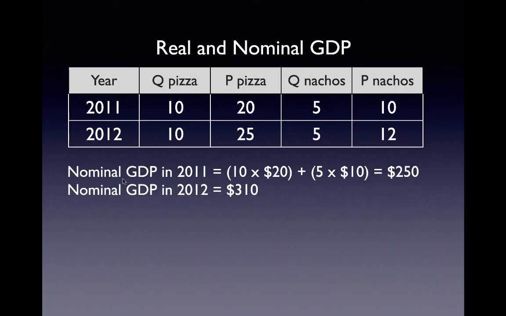Nominal GDP, nominal just means the current dollar amount of GDP. So in 2011, whatever the dollar amount of production is, price times quantity of pizzas, price times quantity of nachos, add them up, you get 250. That's your nominal GDP. Do the same thing, the current dollar amount in 2012, price times quantity, add them up, 310.